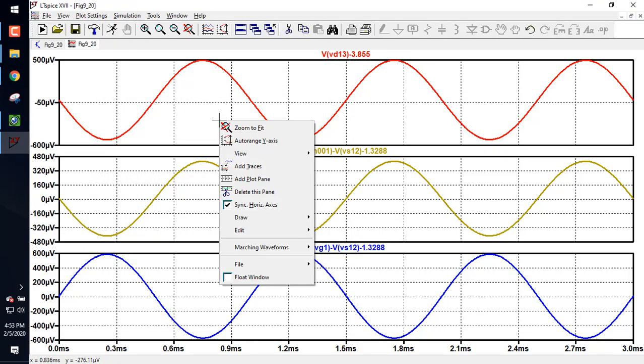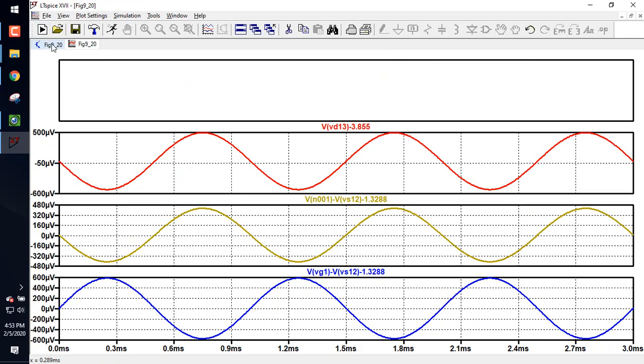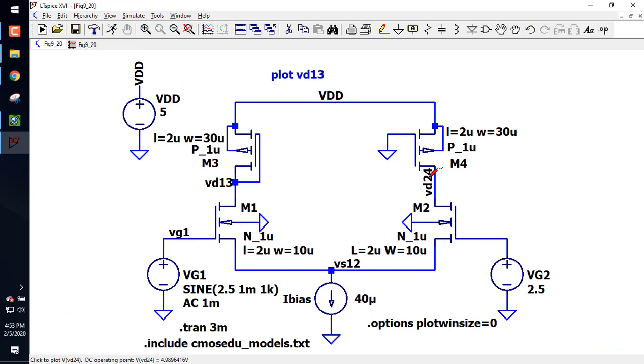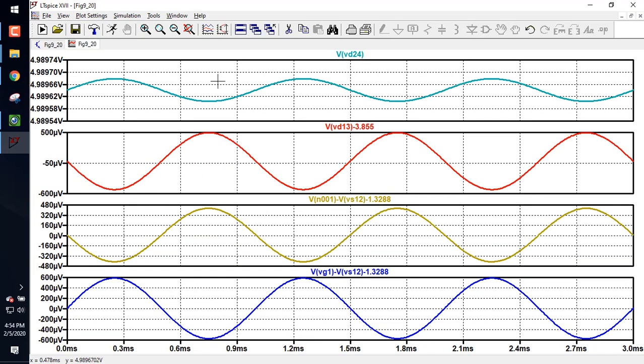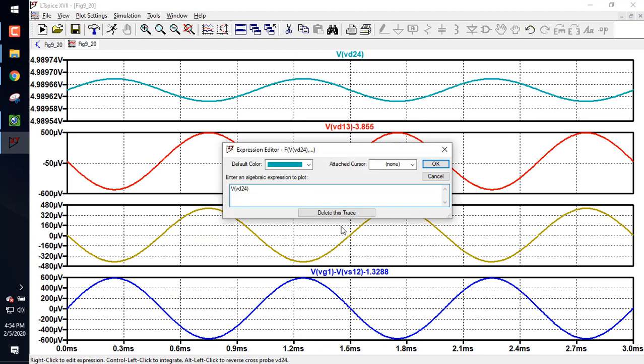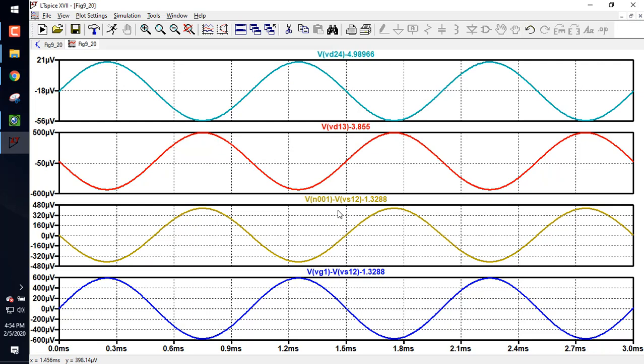Add plot plane. Go over here. Hit boom. Go back. Subtract minus 4.98966. Boom. And I'm off a little bit. You can see the peak to peak's roughly 60, right?